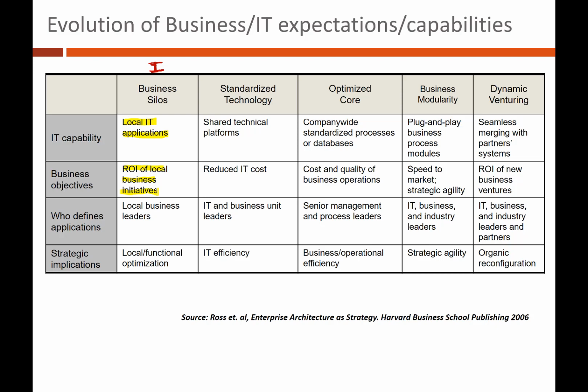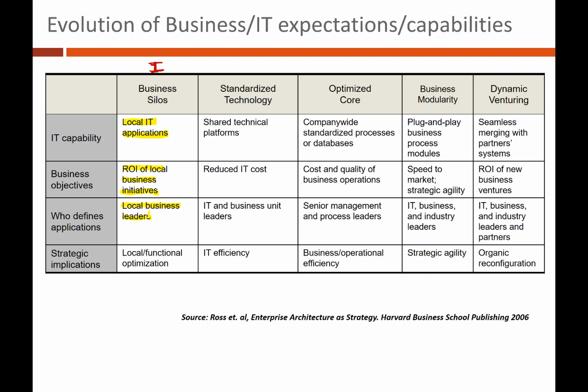So in era one, we were just trying as a company to improve our ability to execute work in an individual functional area. And so who defined what the computer was supposed to do? The local business leaders. In other words, if we were buying software for the payroll department, the payroll manager would tell us how the computer should work.